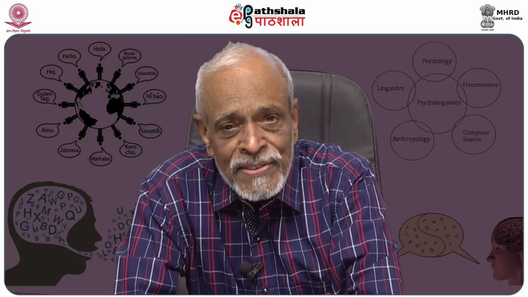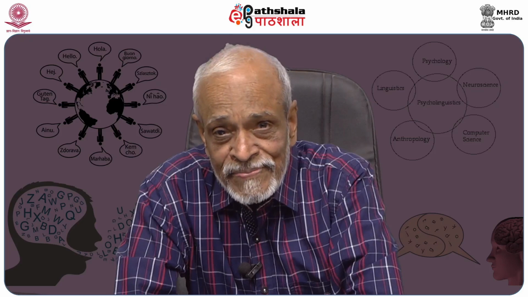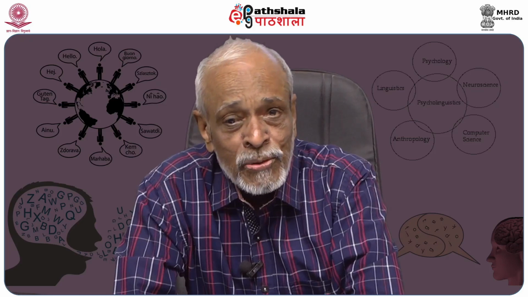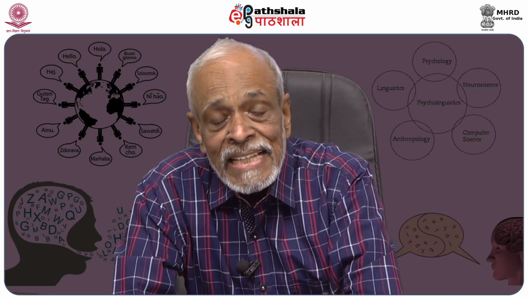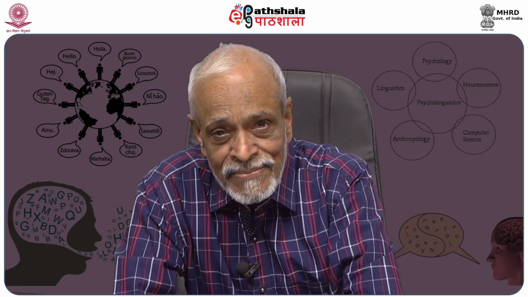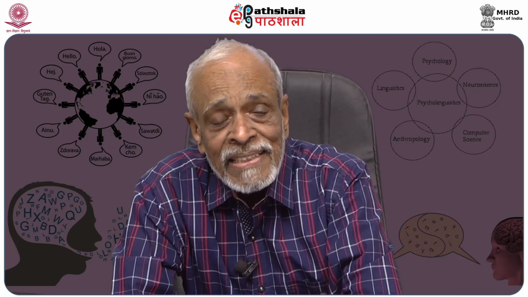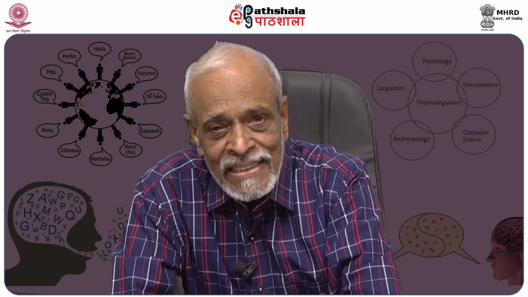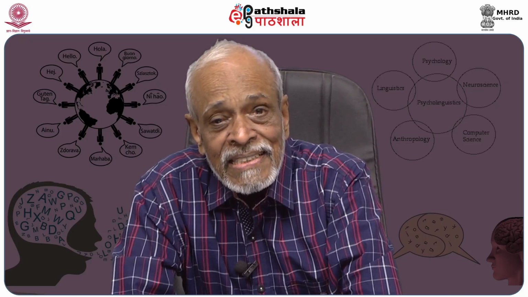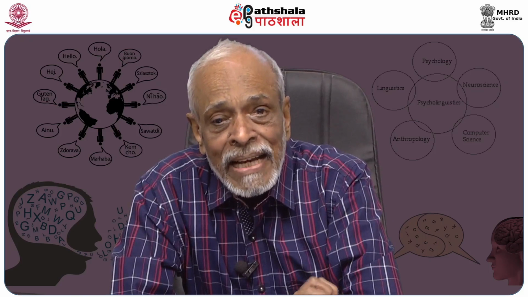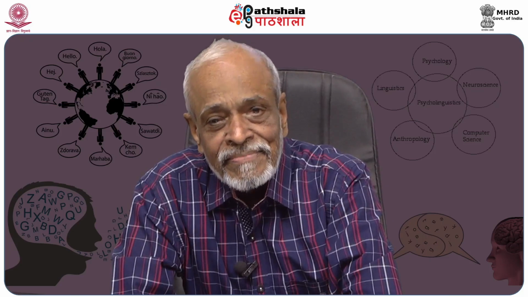A phrase moves only if it's forced to move, and a phrase is forced to move only if the derivation would crash otherwise. And the forcing of the movement is implemented by this feature checking mechanism. Thank you.